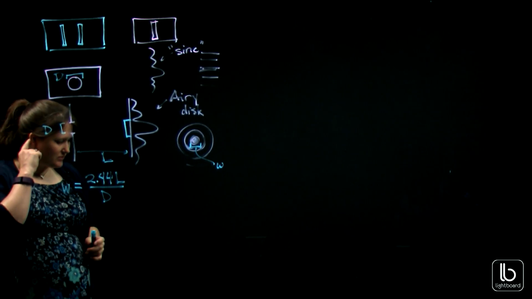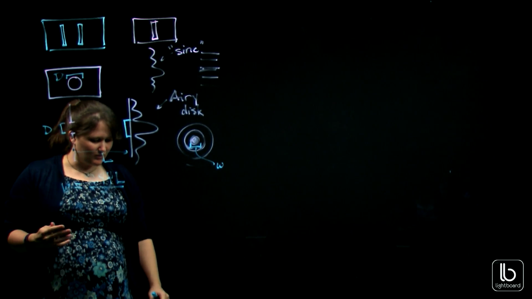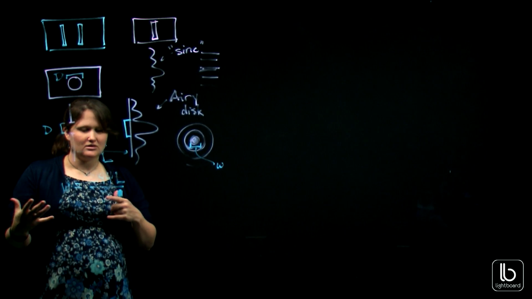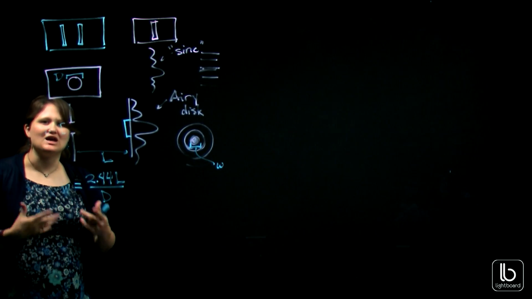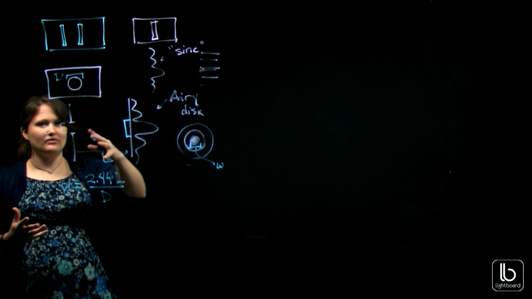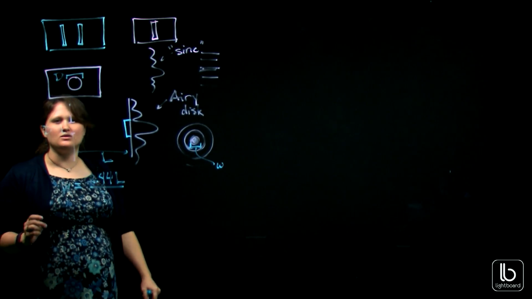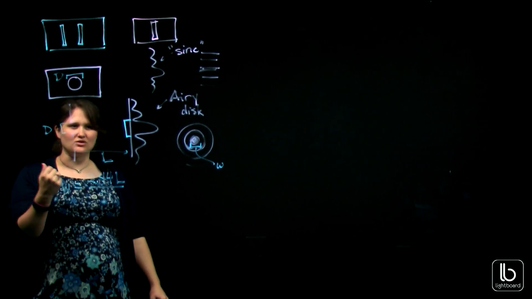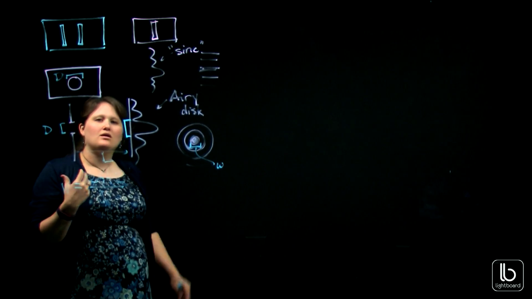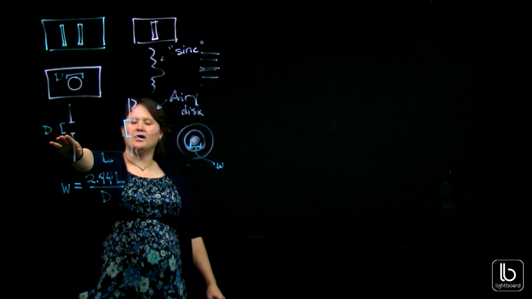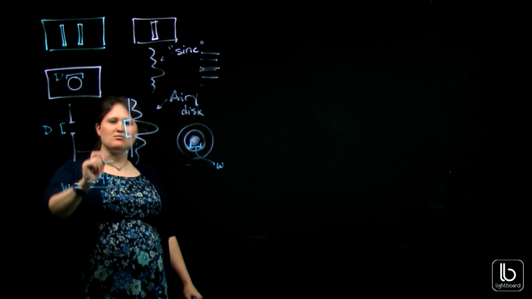This is useful because when we start talking about the diffraction limitation of the eye, this is what we're referring to. So in other words, think of it this way. When you see a car coming at you when you're driving at night, the car is very far away and it looks like just one bright point.